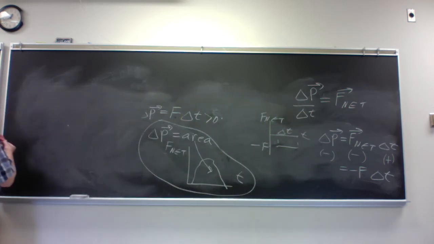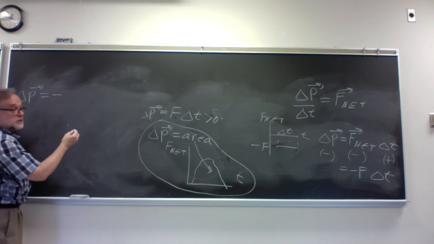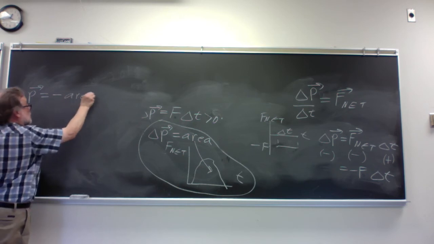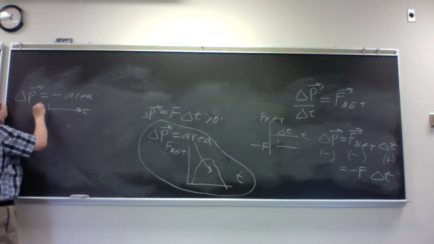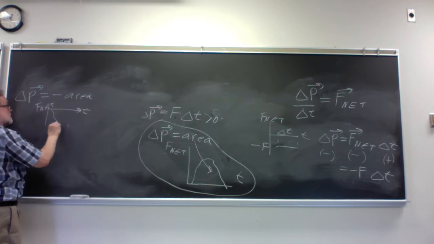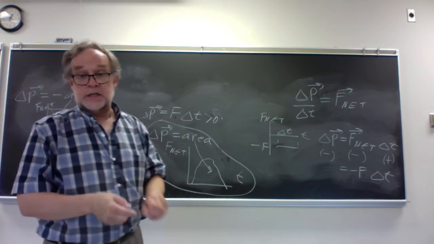So our rule then would look like this. Change in momentum, also known as impulse, equals minus 1 times the area whenever the net force is negative.